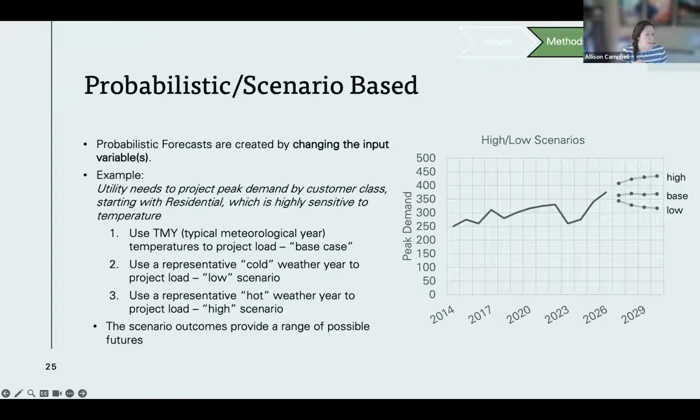And then we run that temperature, a new assumption, a new scenario, through our forecasting model, and then we get a new output each time. We get 3 outputs. That is a probabilistic forecast. And then, of course, we can do this in a lot of different ways, but that is one example. Because the point here is that the scenario outcomes provide a range of possible futures.